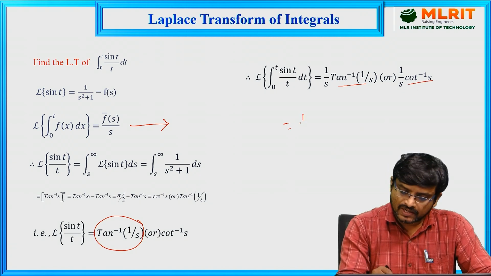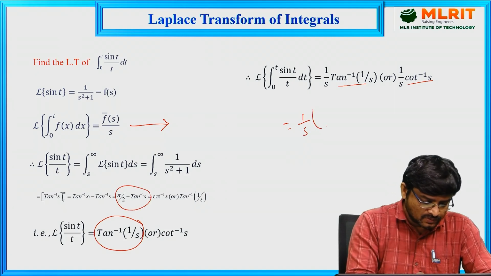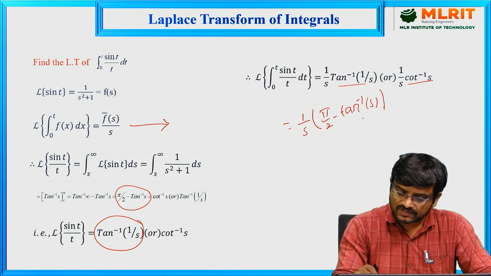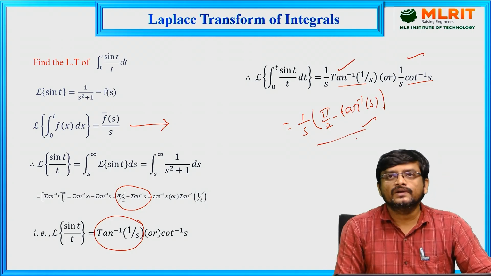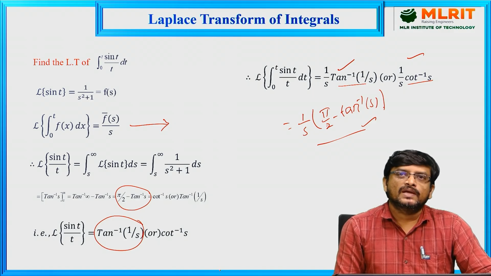Otherwise we can also write it as 1 by s into pi by 2 minus tan inverse s. We can also write this value here. Out of these three we can consider any one here. So this is the way we can apply the Laplace transform of integrals.